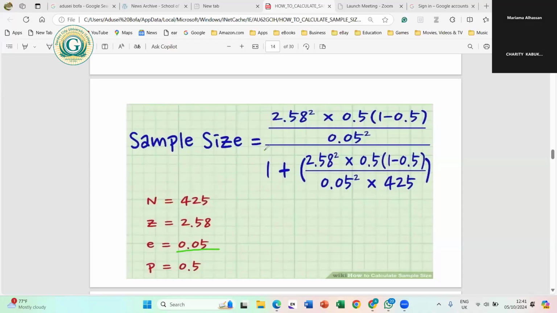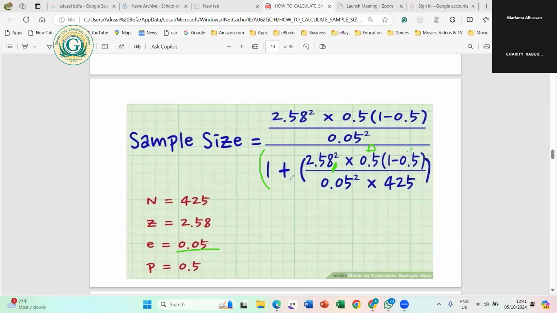And then if you come to this side, it is 1 plus the Z. You see that the Z is here, 2.58 square. The square means that it is the number multiplying itself. Times here too, we have 0.5, which is the same thing as the P, 1 minus P. Okay?